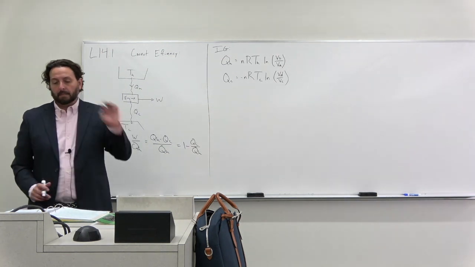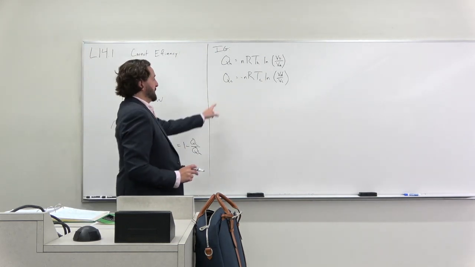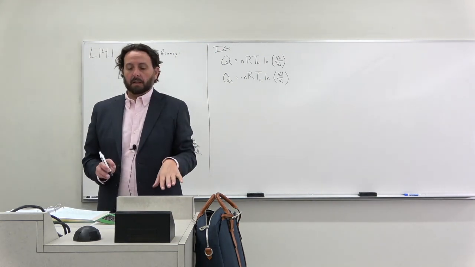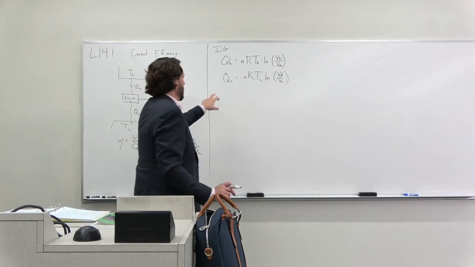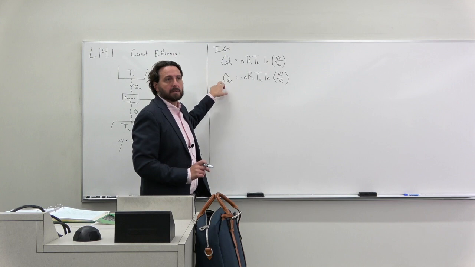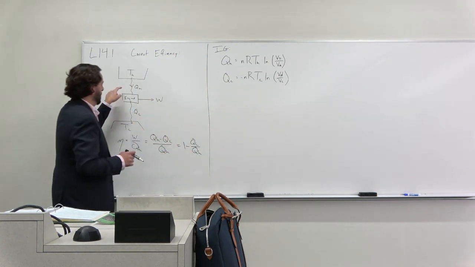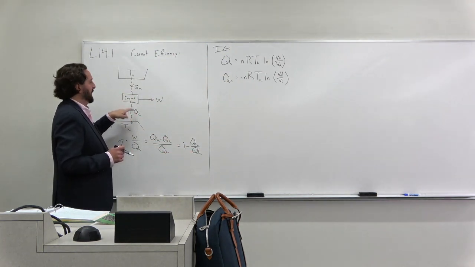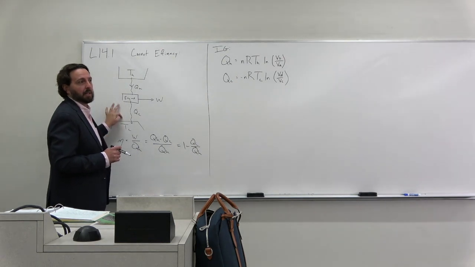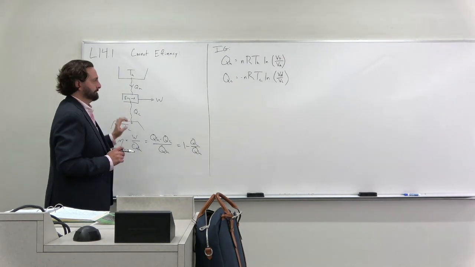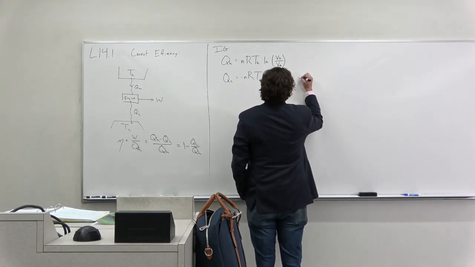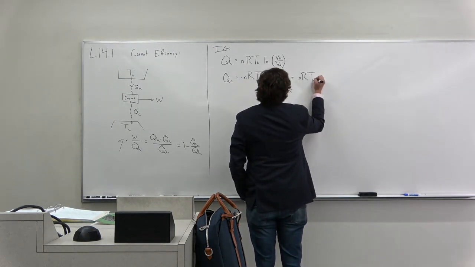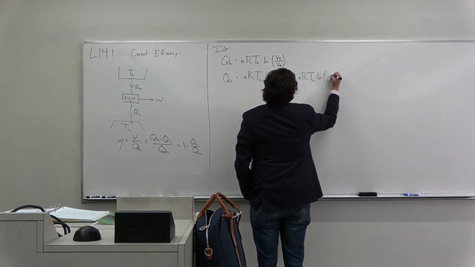Okay, so remember this was a change in definition of the sign convention for heat. Remember here we're saying that all heats are positive. This is a positive and this is a positive, and we have to determine whether or not it's flowing in or out, okay? So in this one we can switch this to NRTC log VC over VD.